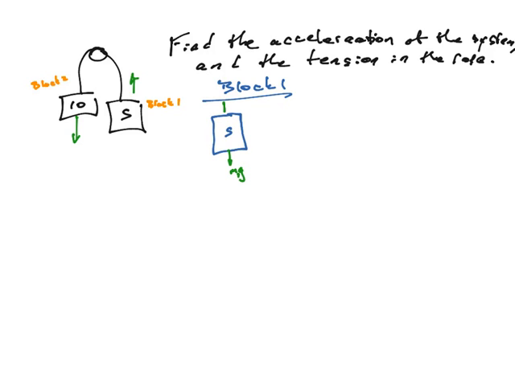So that rope pulls on block 1, applying a tension, because the force is through the rope, so we call it tension. So there's some force upwards, and we call it T, capital T for tension. And those are the only two forces which act on block 1. His weight is pulling him down, and the rope is trying to pull him up.